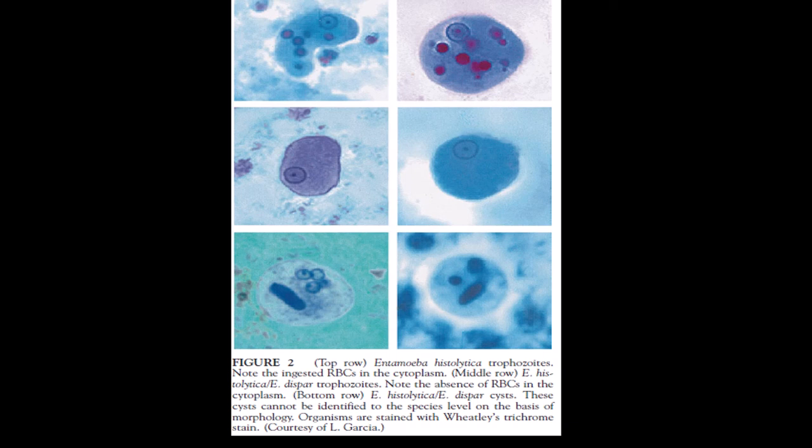And this slide here shows, for example, Entamoeba histolytica, the trophozoite containing red blood cells, because those are pathogens, and they are associated with an invasive type of diarrhea. So if you see red blood cells within the trophozoites, it indicates Entamoeba histolytica, while Entamoeba coli and others don't contain red blood cells.